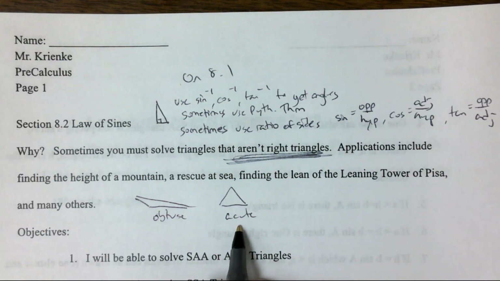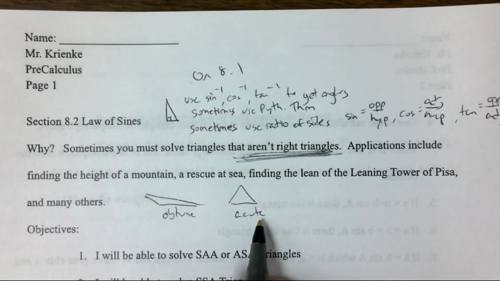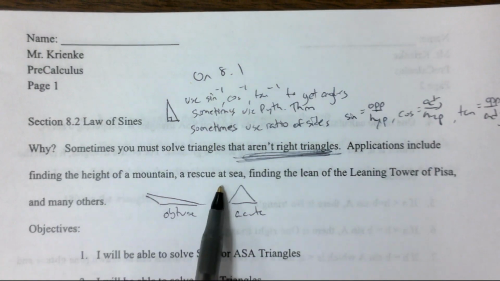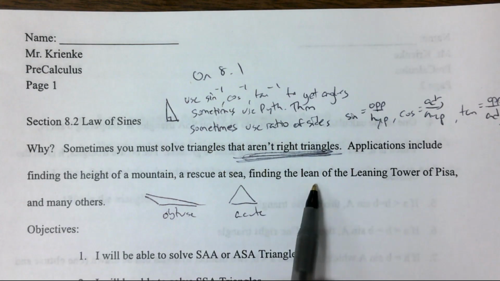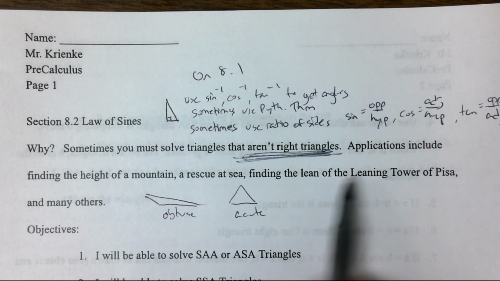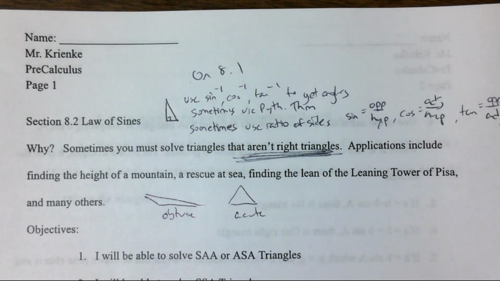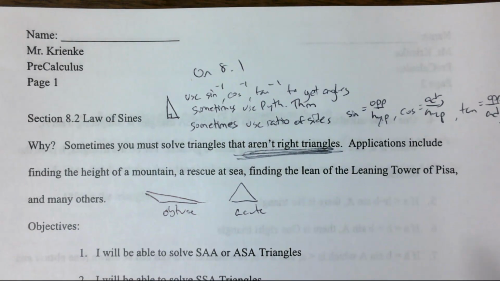Now, the word problems associated with this are about finding the height of a mountain, a rescue at sea, finding the lean or slant of the Leaning Tower of Pisa, and then many others. So those are the word problems or harder problems with it.